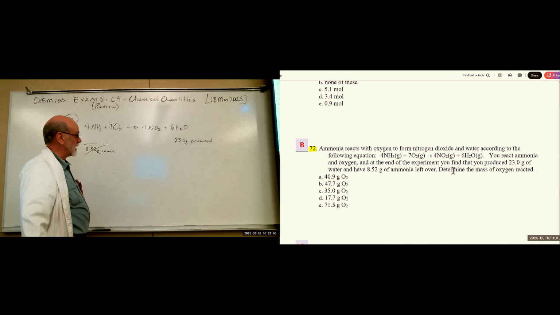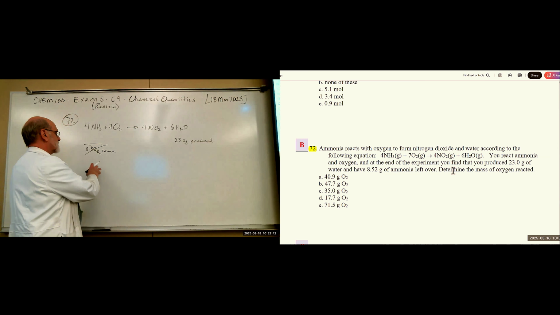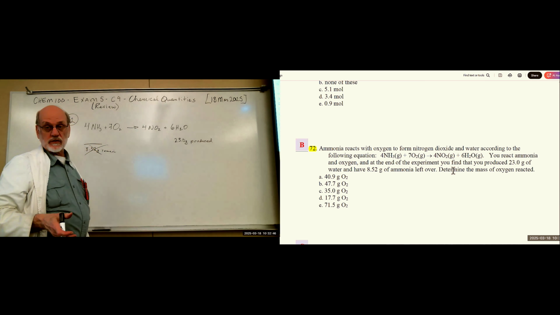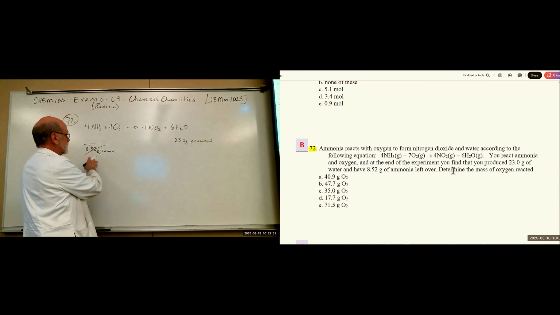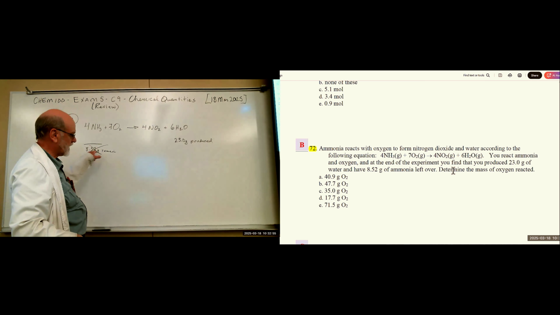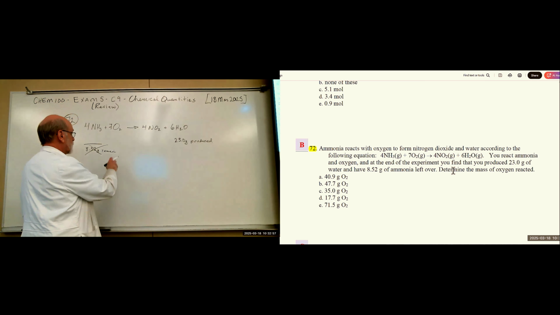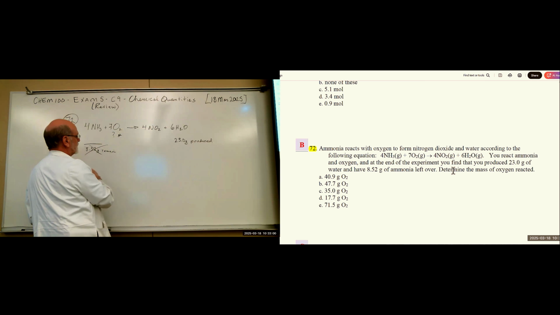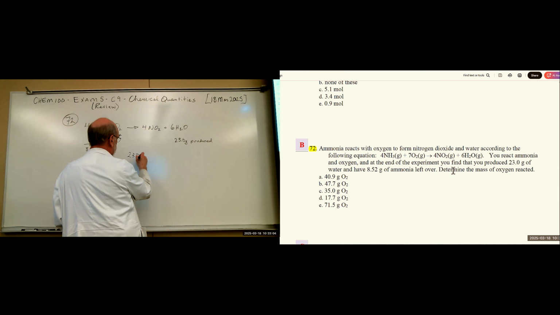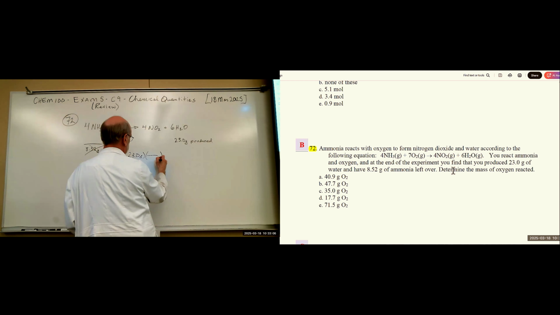Now, if we asked a different question, how much ammonia was used, well, then we wouldn't need to know this either, but how much ammonia did we start with? That would require this value. But since the question is here, we don't need to know that. We just need to convert 23 grams of water into moles, 18.02.